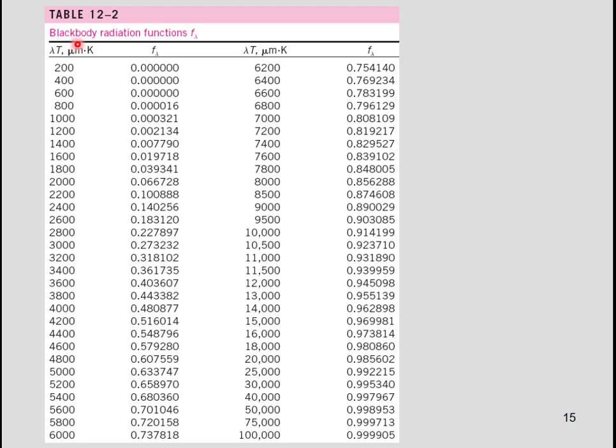As you can see here, this table shows the black body radiation function, or F lambda, for different temperature multiplied by lambda. So for a given lambda and temperature, we can get this black body radiation function.